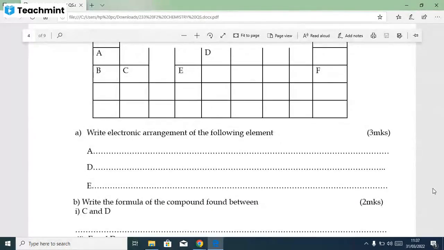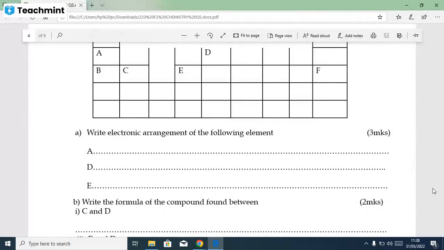You start with C. Do you remember the concept of interchanging valencies from Form 2?